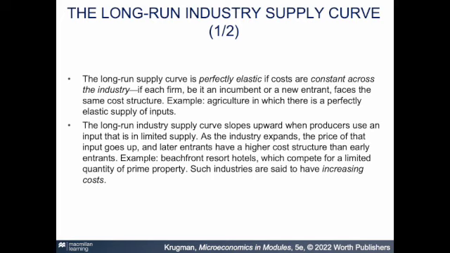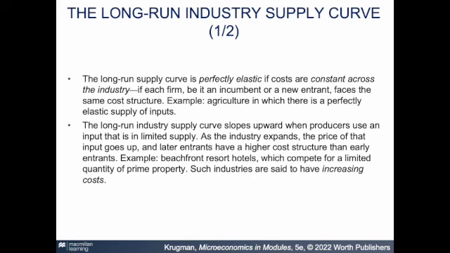8. The long-run industry supply curve, 1 of 2. The long-run supply curve is perfectly elastic if costs are constant across the industry, if each firm, be it an incumbent or a new entrant, faces the same cost structure. Example, agriculture, in which there is a perfectly elastic supply of inputs.